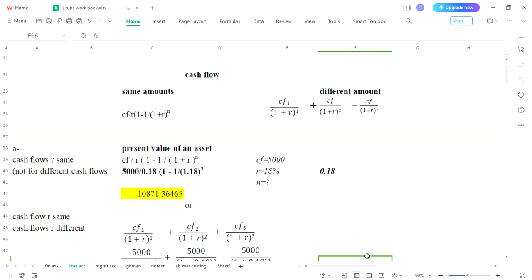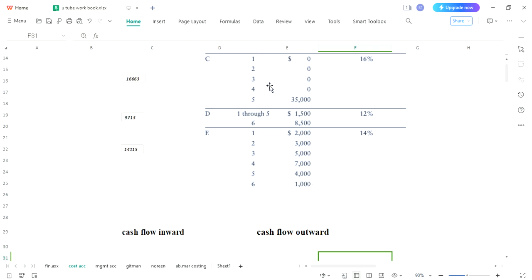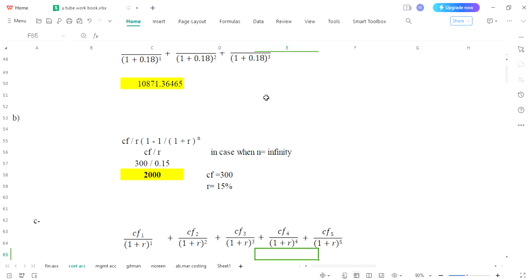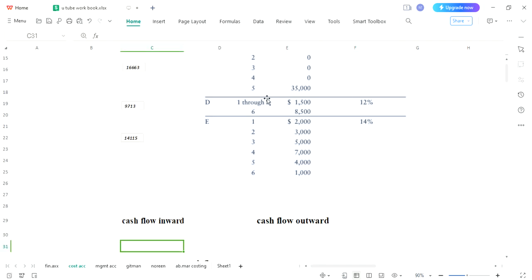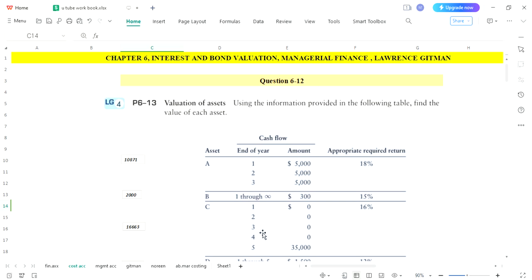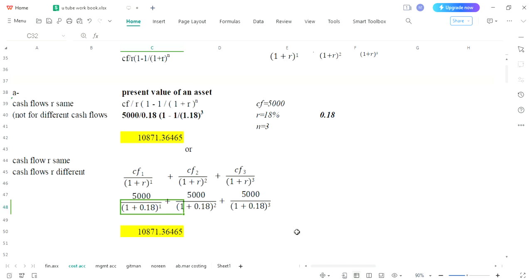Come to C part again. We have 1 to 5 different cash flows. When you have amounts present over here, it's a coincidence, or it's the C part where your cash flows are 0. But since we have 5 different cash flows, we will follow the formula and put the amount. Now please consider that for the first 4 installments your cash flows are 0.